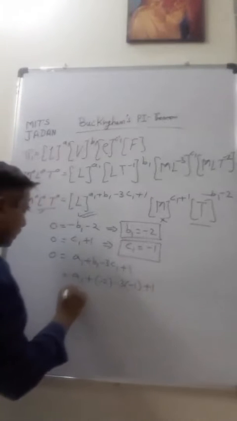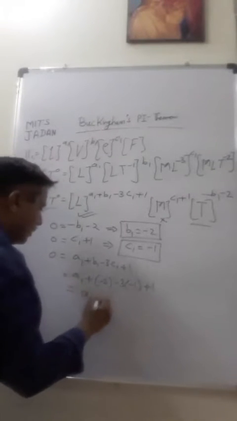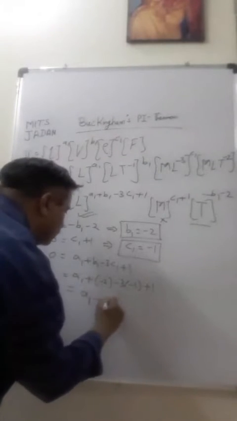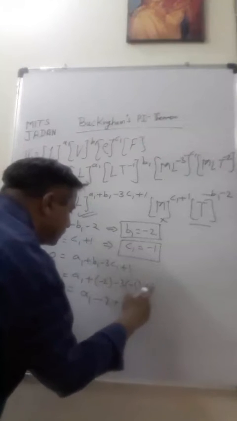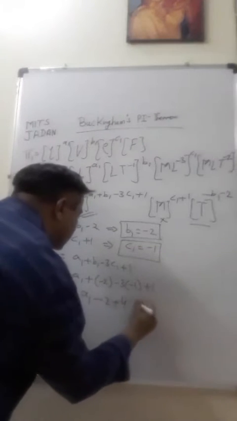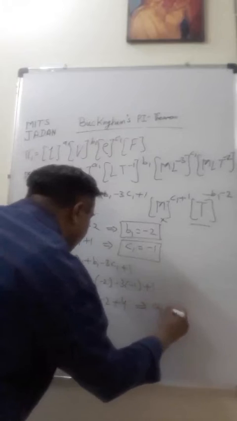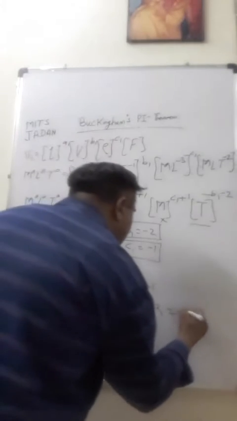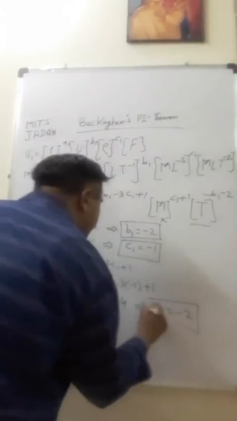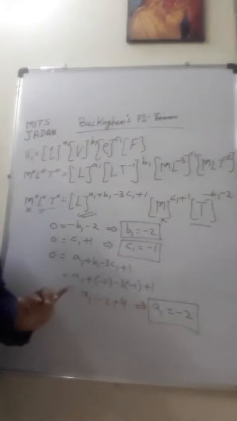So it is A1, you can say, minus 2 plus 4. Therefore A1 is equal to minus 2. So you have found out now B1, C1 and A1.